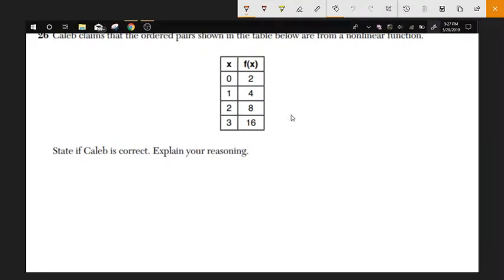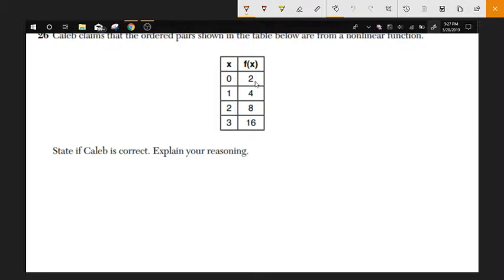Okay, so in this one, we're going to try to determine if this is a linear function based off this table. What we want to look for is if it has a constant rate of change, because linear functions and equations have constant rates of change.